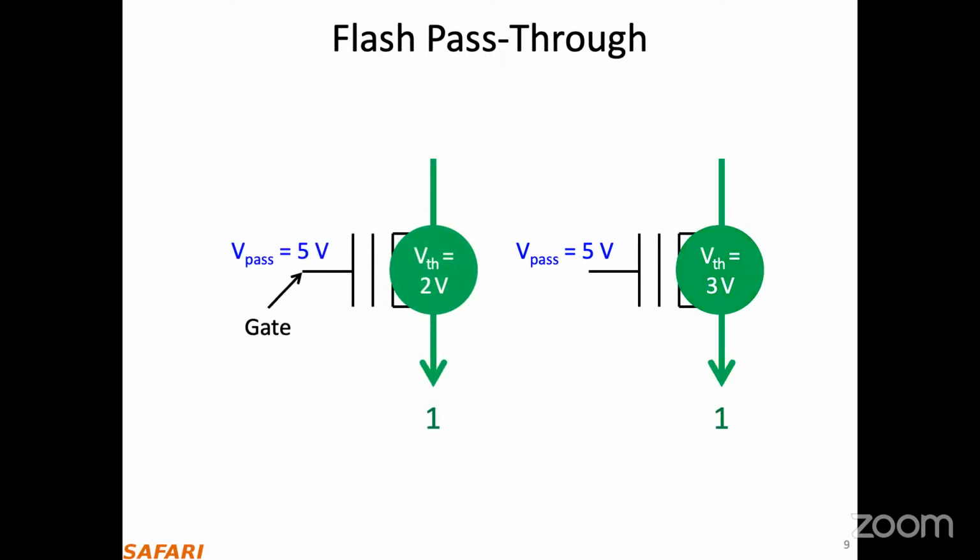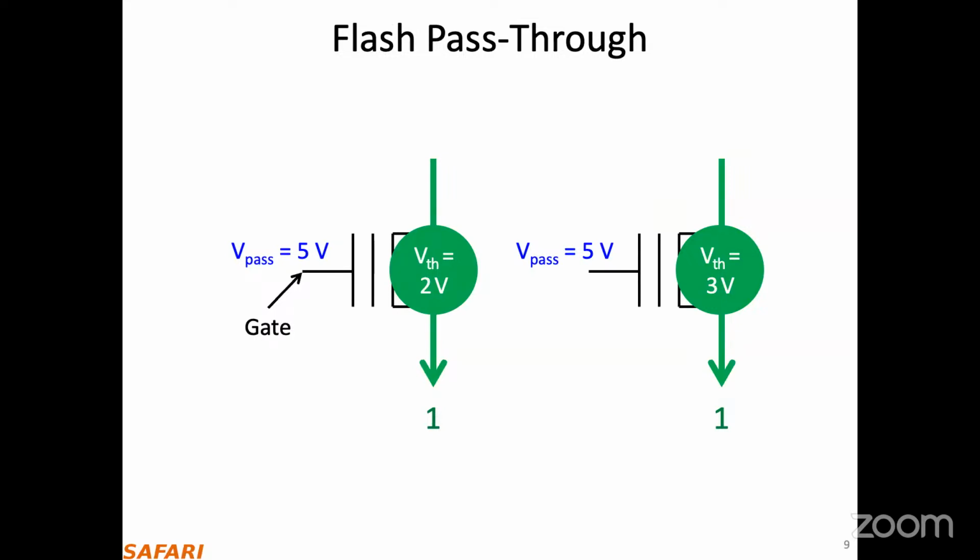But the thing is that there are other flash cells, as I showed in that picture. There were several flash cells connected to the NAND string, like the bit line. So you need to make sure that other flash cells are inhibited. Basically, they don't interfere with the flash cell that you want to read.